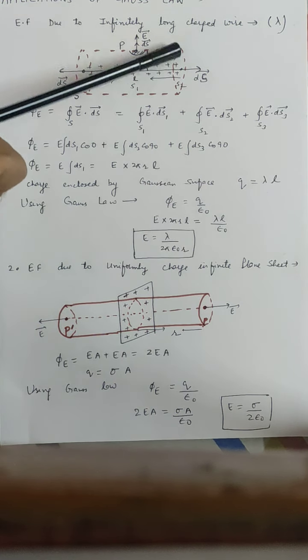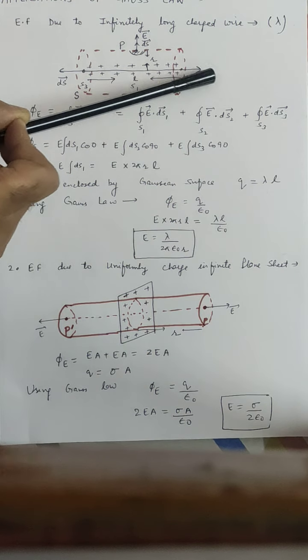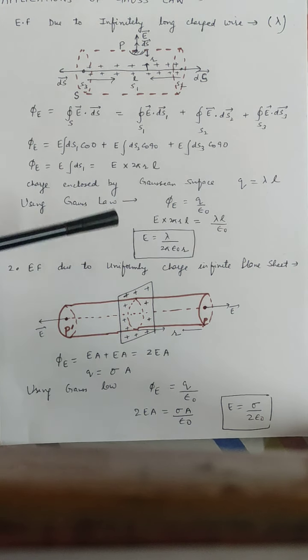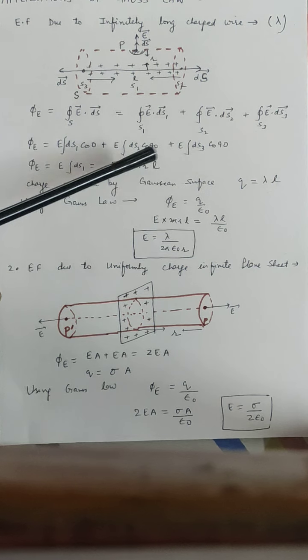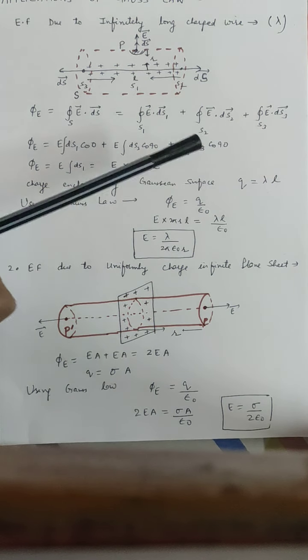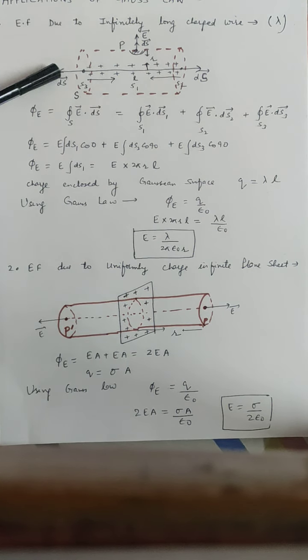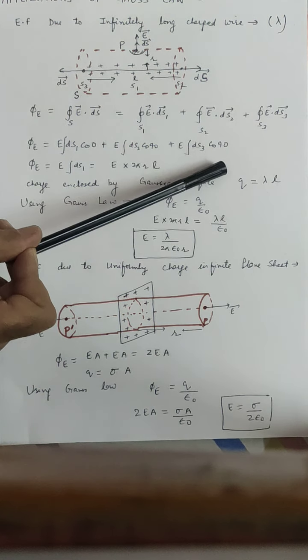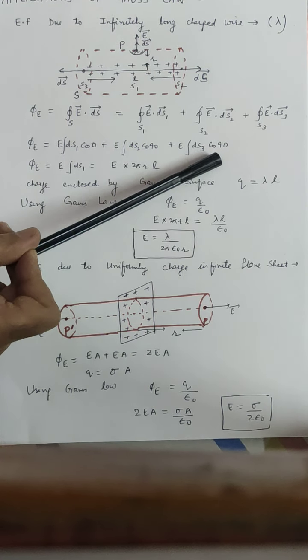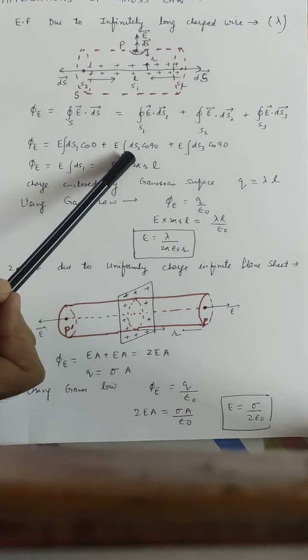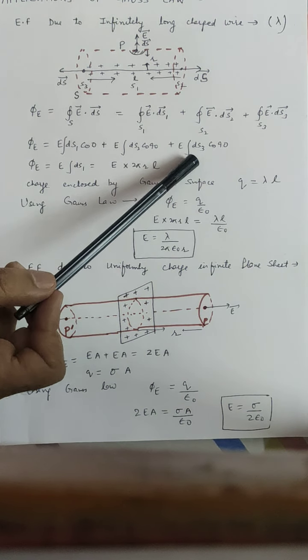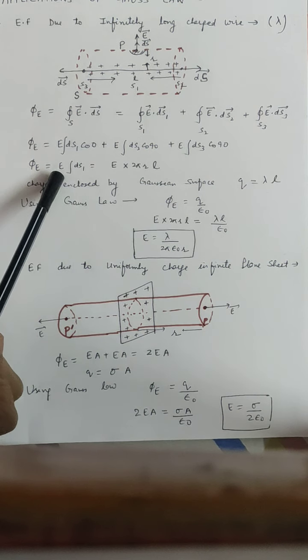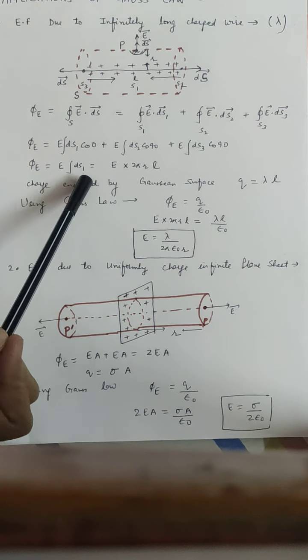So electric field is in this direction, ds is in this direction, so the angle between them is 90 degrees. Same thing happened with S3. For S3, ds3 is normal to the surface, electric field is perpendicular to ds3, so again the angle between them will also be 90. Hence the contribution of the flux due to S2 and S3 becomes 0. So the total flux becomes E times the integration of ds1.